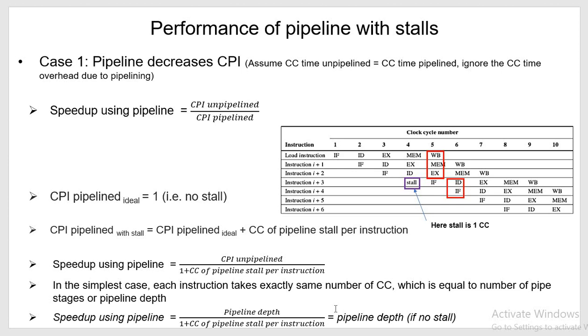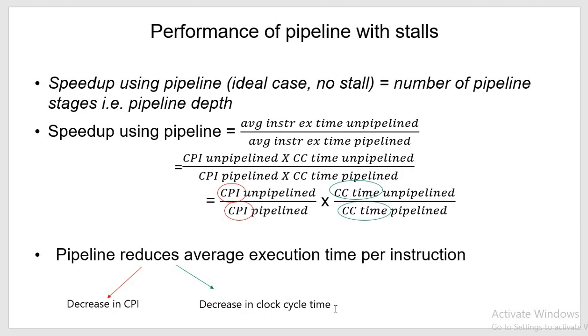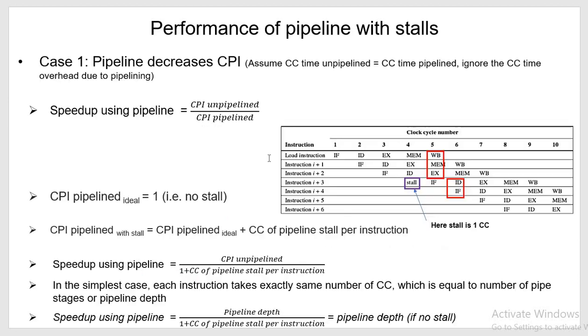Once we assume that the CC time of unpipelined and pipelined is the same, that factor is nullified, and only the other factor is used to evaluate the speedup. The resultant speedup of the pipeline will be CPI unpipelined divided by CPI pipeline.